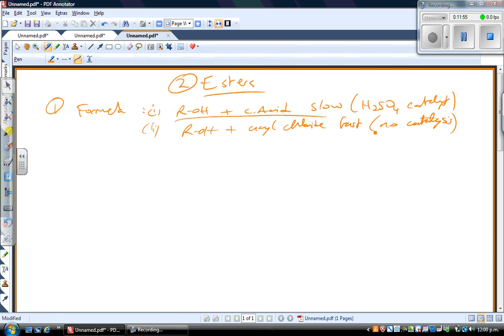So if I just take an example, if we write down ethanoic acid, CH3COOH, plus methanol, this is going to be a slow reversible reaction requiring sulfuric acid, H2SO4, and you also get the loss of water.